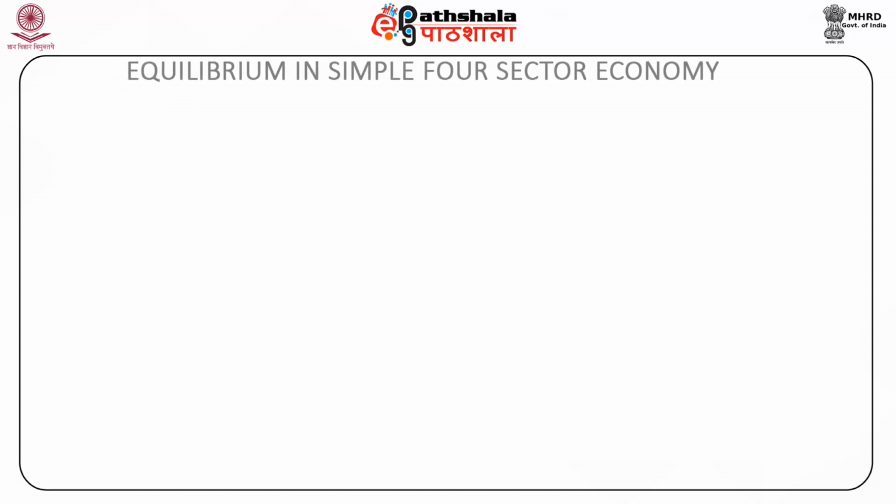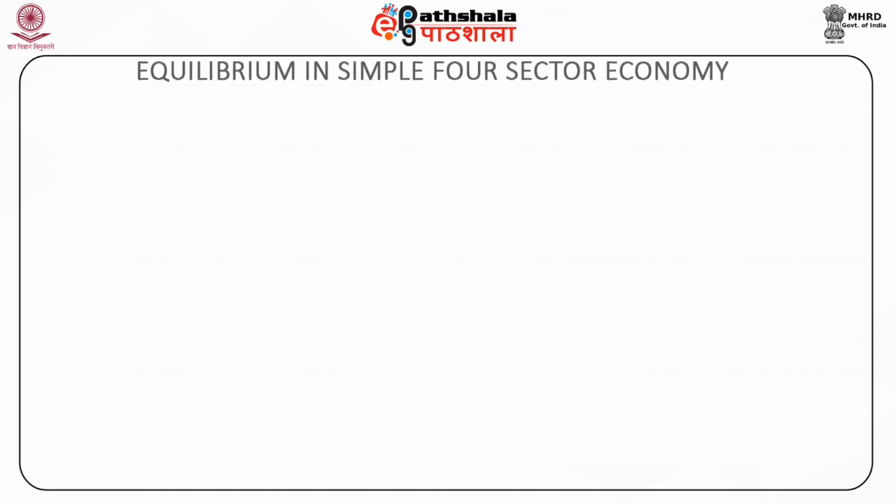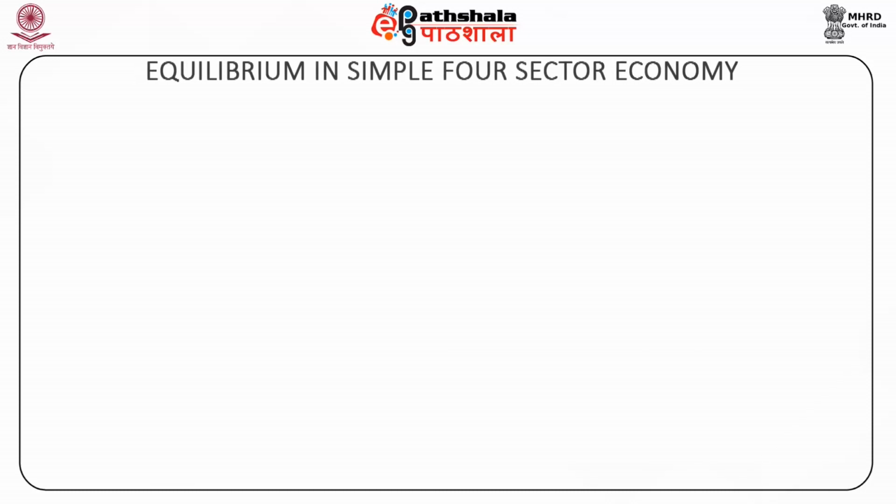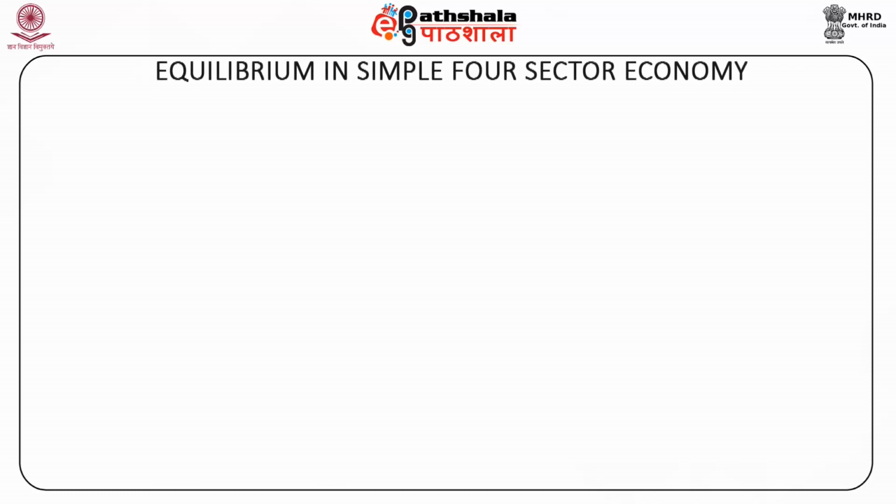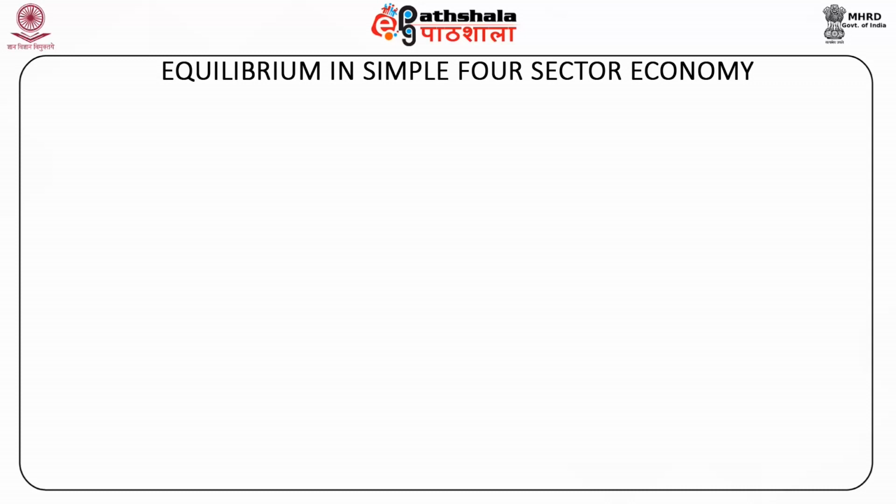Now, let us study the multiplier in case of a four-sector model. The autonomous values in the case of a four-sector economy are the autonomous values of consumption, investment, government spending, and net export.